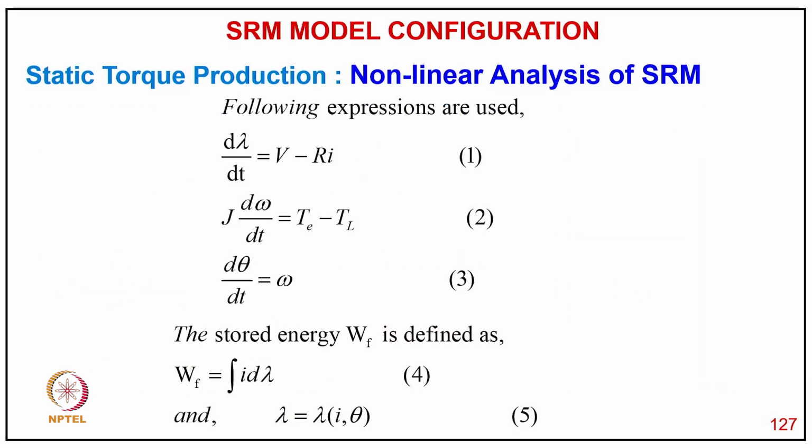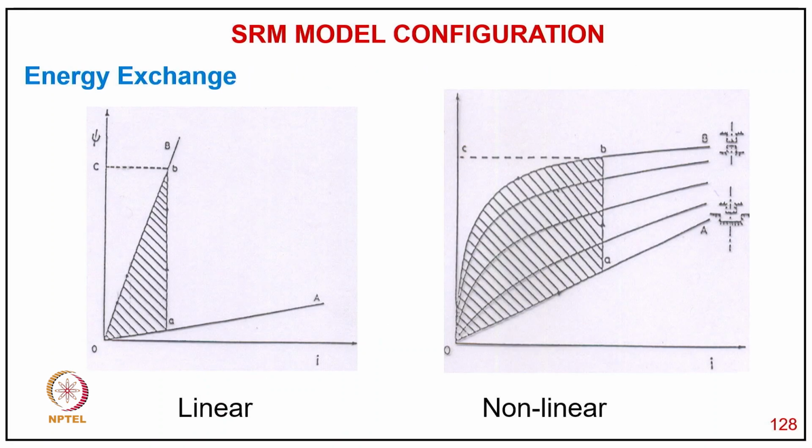So now coming to the following expressions: d lambda upon dt equal to V minus Ri, and the speed derivative J d omega upon dt equal to E minus TL, and d theta upon dt equal to omega. The stored energy WF is defined as WF equal to the integration of i d lambda, where lambda is a function of i and theta.